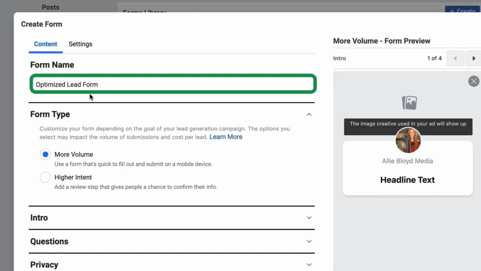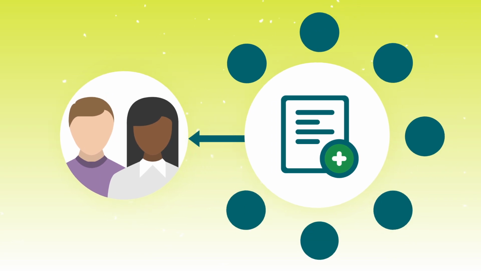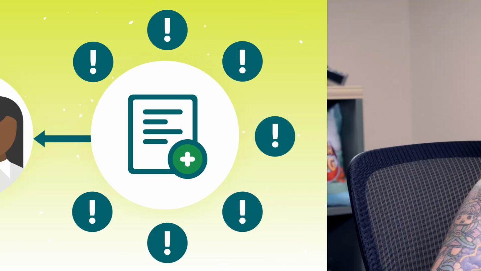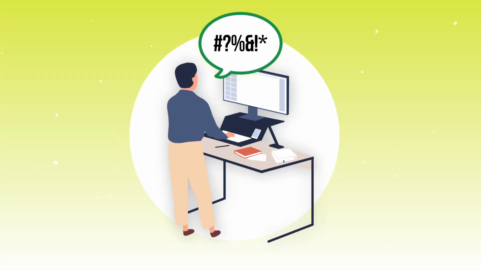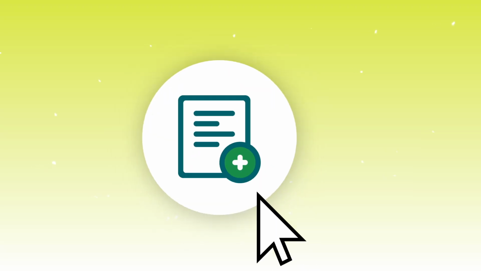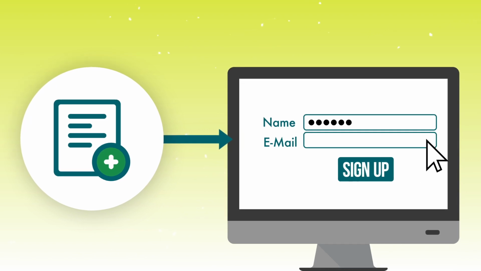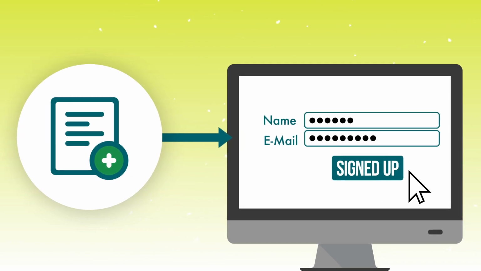In order to get quality leads from a Facebook lead form, there's gonna be several things that we need to do. Most people that have tried lead forms in the past often complain that their leads are lower quality or they can never get a hold of anyone, and there are definitely several reasons why that could be occurring. The first thing that you want to realize is that the Facebook lead form itself is a very easy, simple, and streamlined way for someone to sign up as a lead.